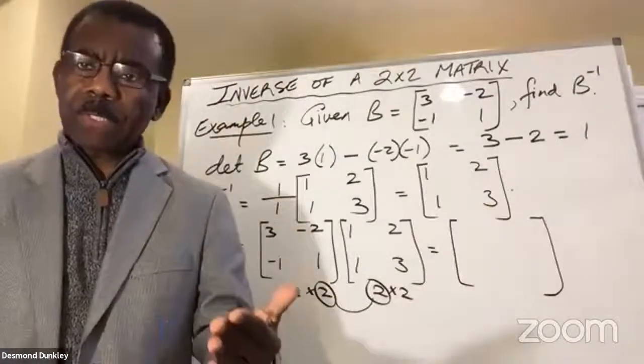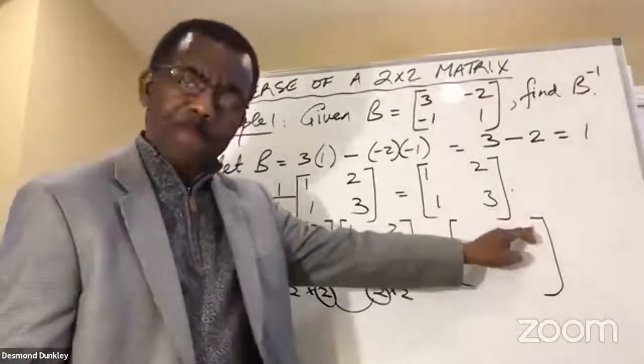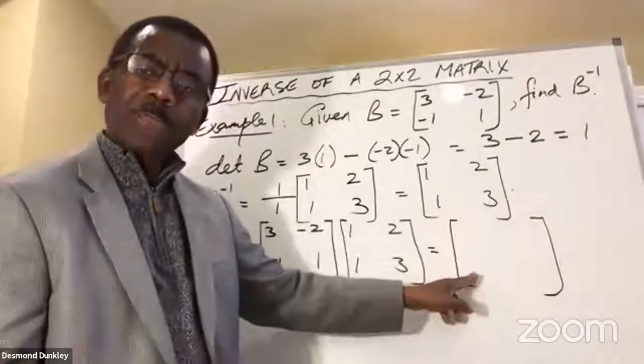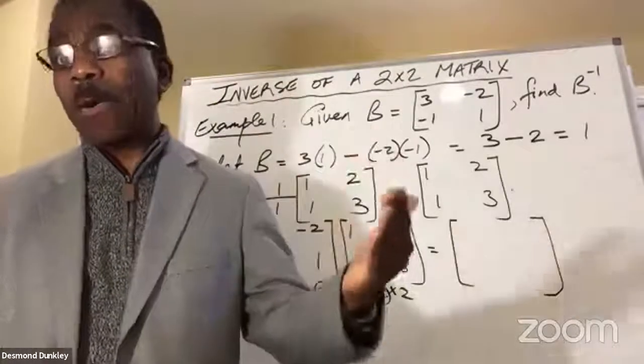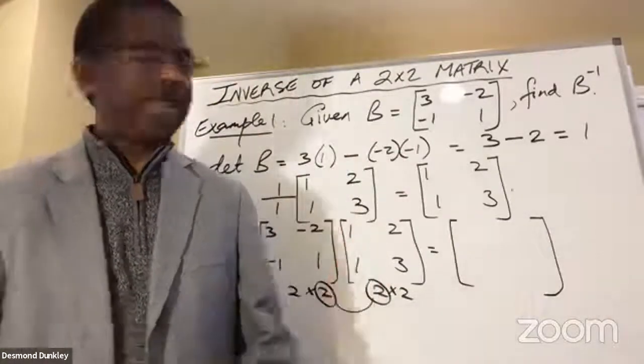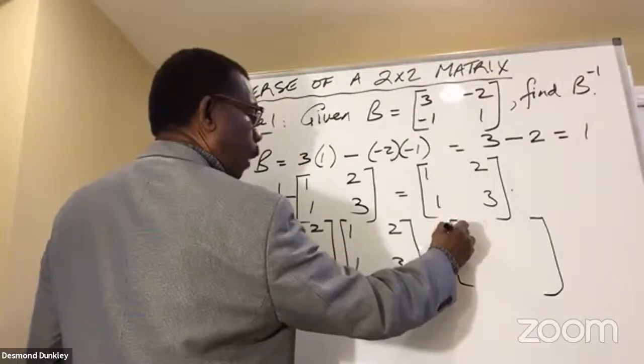Again, last session, I explained how to get the value of this entry, the value of that entry, the value of this entry, and the value of that entry. So now, since we already know how, I'm going to just do it. This is called the 1, 1 entry.